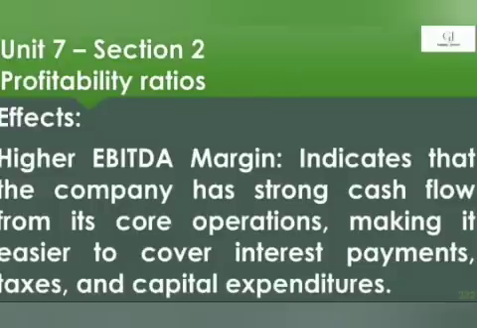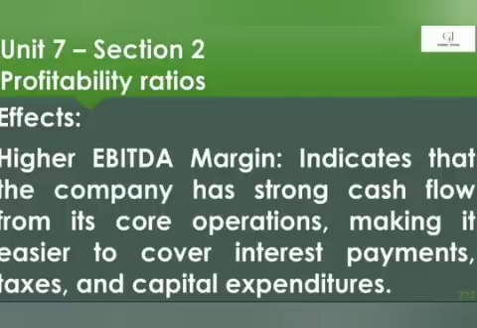A high EBITDA indicates strong cash flow because your direct or core operations bring you direct cash from revenue to direct and indirect costs before the costs that you don't have control over, making it easier to cover interest expense, taxes, and capital expenditure.